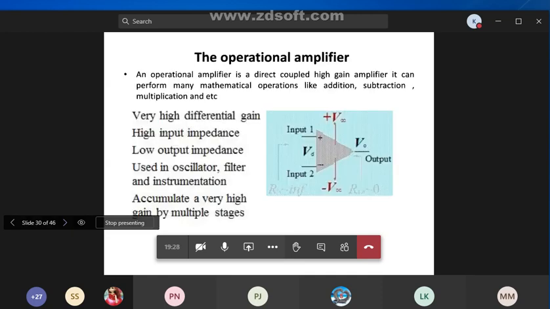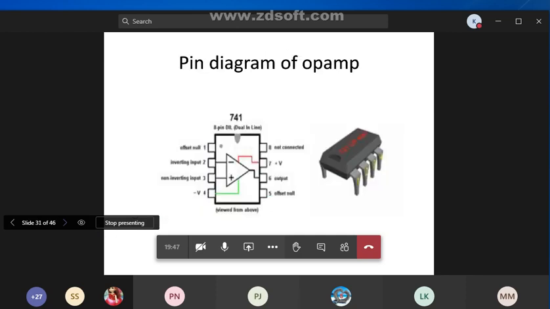So it is the operational amplifier. So op amp symbol, IC741 op amp symbol. It has two inputs, inverting input and non-inverting input, and one output, that is V0, and it has two power supplies, plus VCC and minus VEE, right? So it is the pin diagram of op amp.